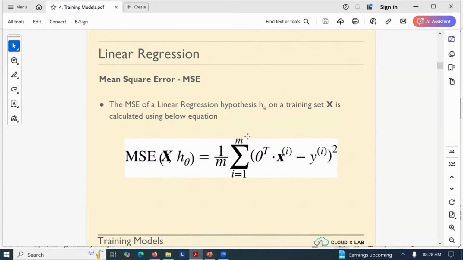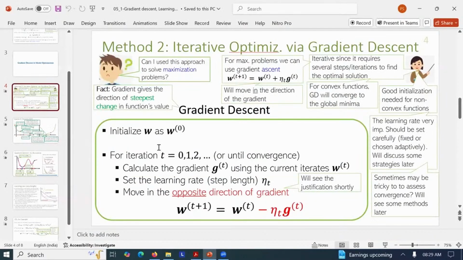Okay. But since you are computing the gradient using all training examples, the gradient will be the accurate gradient, right? So gradient descent is an iterative approach.